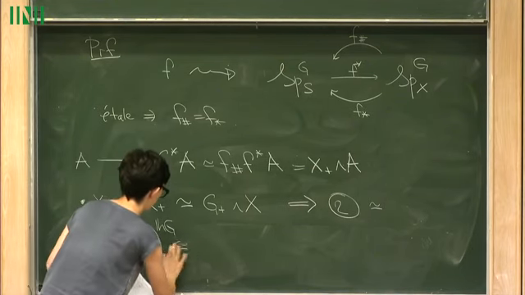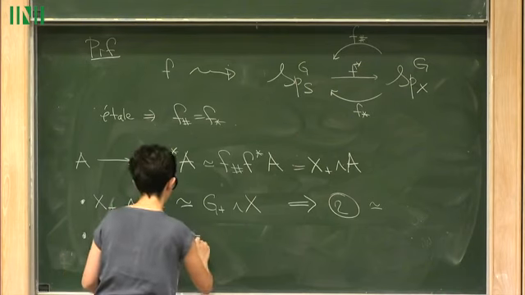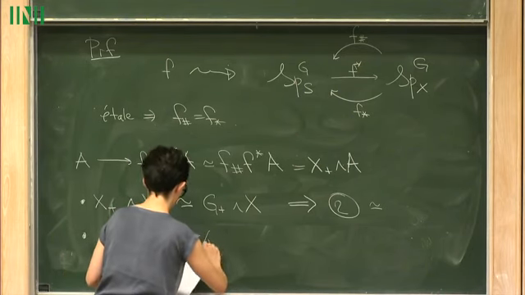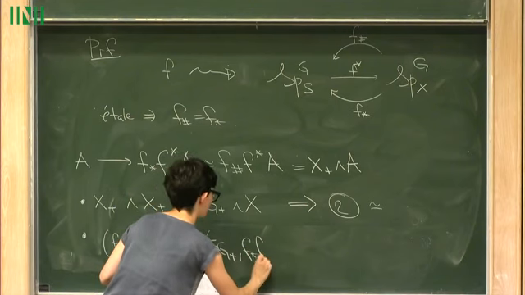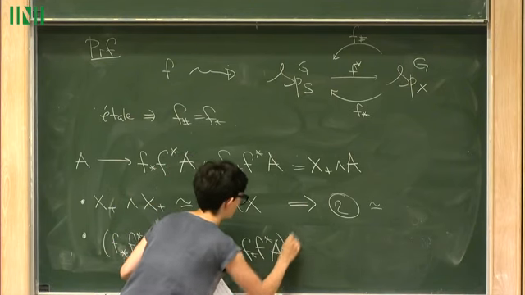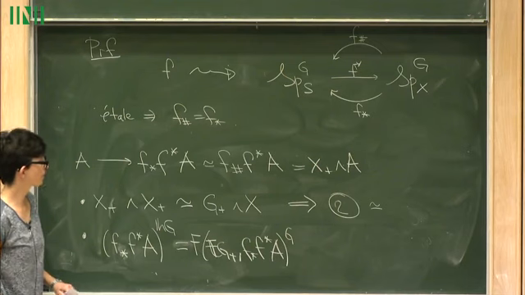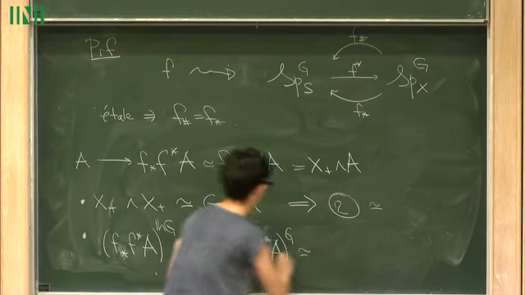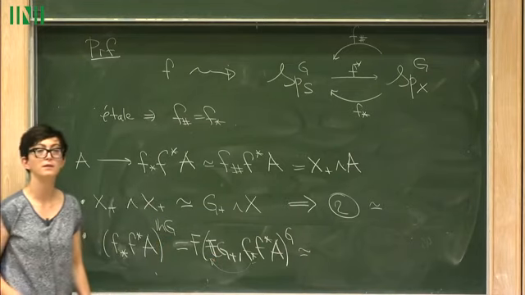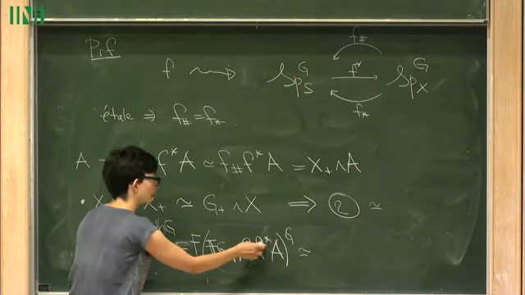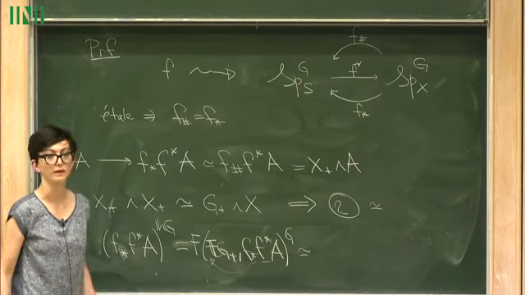Actually, by definition, what is this? We are looking at functions from EG plus to F upper star of A, then taking the fixed points. This guy's a right adjoint, so I get to move it here. And now F upper star is also a right adjoint, so I get to move it.